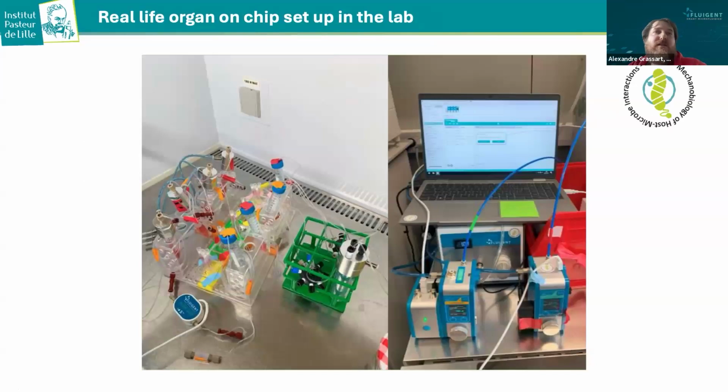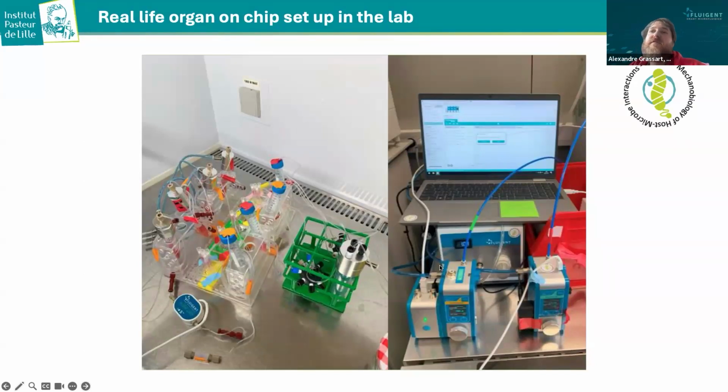So what it looks like in real life is a little bit messy. If you look at these images, that's the reality for a biology lab frequently. You have different systems, that's why you have different tubing. You have 5 chips here under the hood, but when they are placed under the incubator, you have the system that is outside, and you just need to pilot this with the computer.